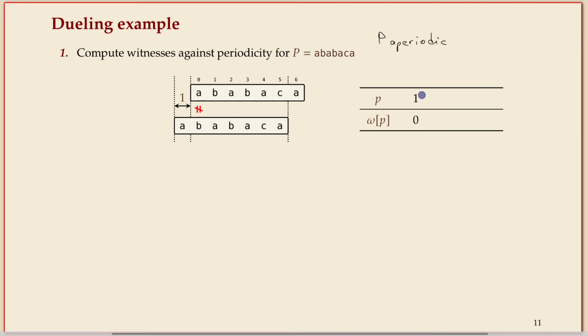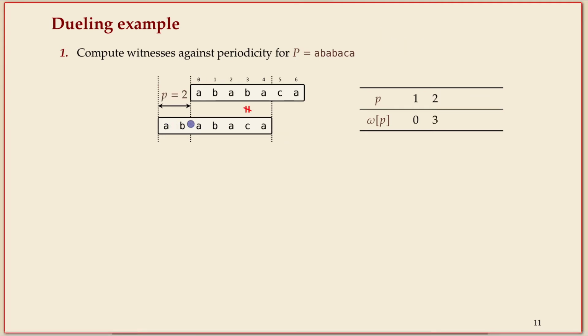So there's a witness against period 1, namely the index 0 in the pattern. That's this index, and if you shift by 1, you find a mismatch with the character at i plus p. 0 plus p is 1, so that's what we compare with here. Okay? So 2 things. The string does not have period 1, and we have a witness for that non-period.